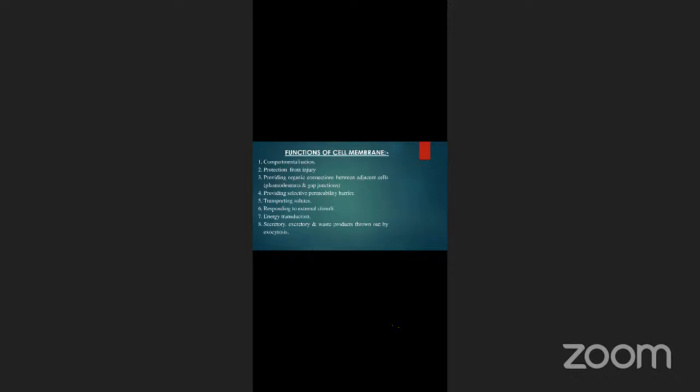So the receptors which are present on the cell, they usually respond to the external stimuli and they will carry out some changes within the cell. Then energy transduction. So the exchange of energy. And secretory, excretory, and waste products are thrown out of the cell through exocytosis. So these are the important functions of the cell membrane.